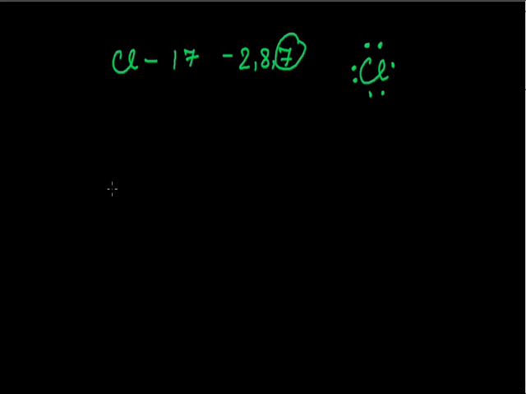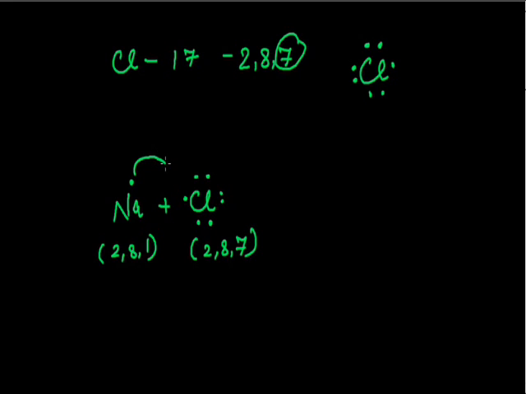Now during the formation of NaCl, Na atom combines with the chlorine atom by donating its valence electron to the chlorine atom, and the resultant molecule is represented like this.